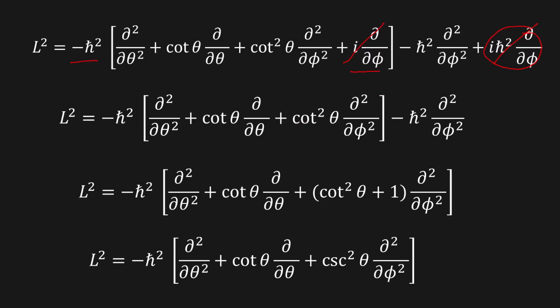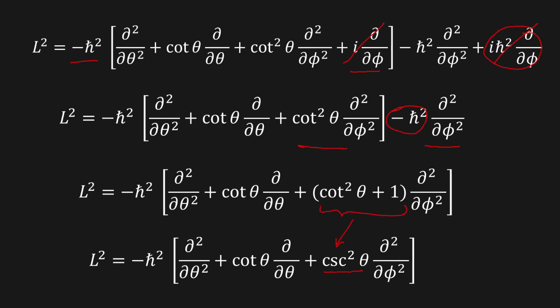Now you can take minus h cross squared as common, because here you have minus h cross squared. You bring delta 2 over delta phi 2 inside, and combining this and this, you will get cot squared theta plus 1 times delta 2 over delta phi 2. We know very well that cot squared theta plus 1 is equal to cosecant squared theta.